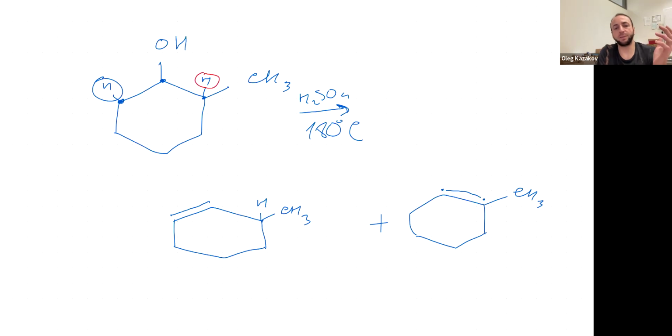So clearly the positioning of the double bond relative to, let's say, the methyl group is different, right? Here it's right next to the methyl group. In this case, it's a little bit farther from the methyl group. So these two compounds will be isomers.